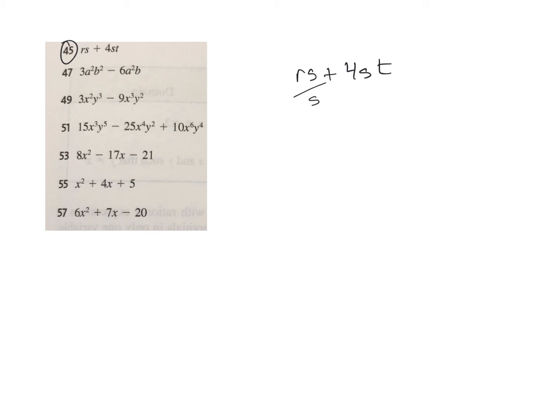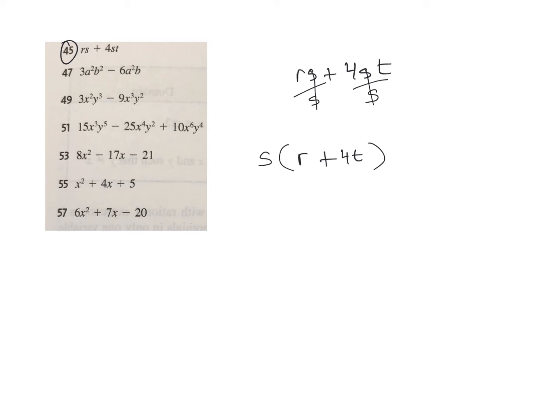If I divide both terms by the common thing, that means I'm taking it out to the front of the parentheses. So what do I have left? I have an r plus a 4t. So backwards distribution is called factoring. Distribution is multiplication, so factoring is division. And we're just rearranging what we're doing here.